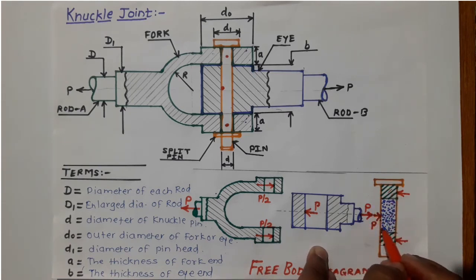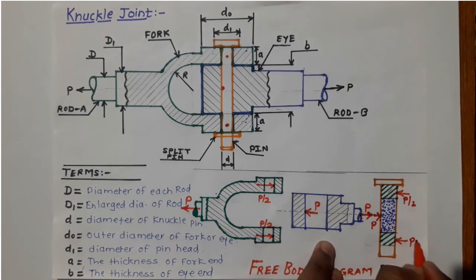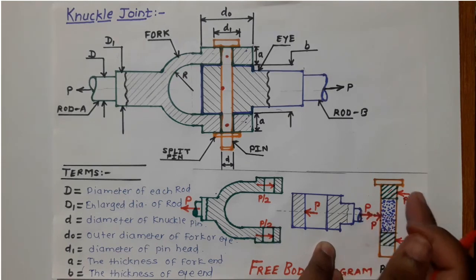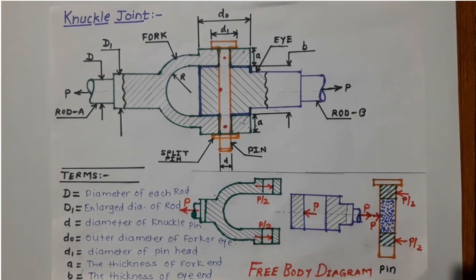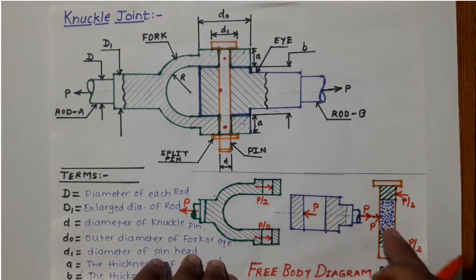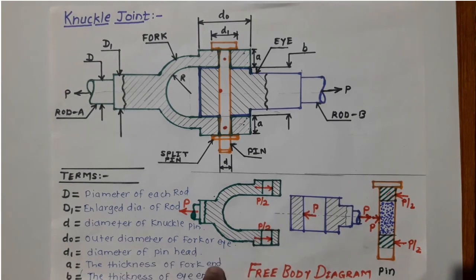So in order to have the balance of force, we must write the magnitude of this force as P by 2 and the magnitude of this force as P by 2, so that the force acting towards the right side and the force acting towards the left side will get balanced. So in this way we have drawn the free body diagram for the fork, eye and pin. In the next lecture we will discuss the stress equations for some parts of this knuckle joint.